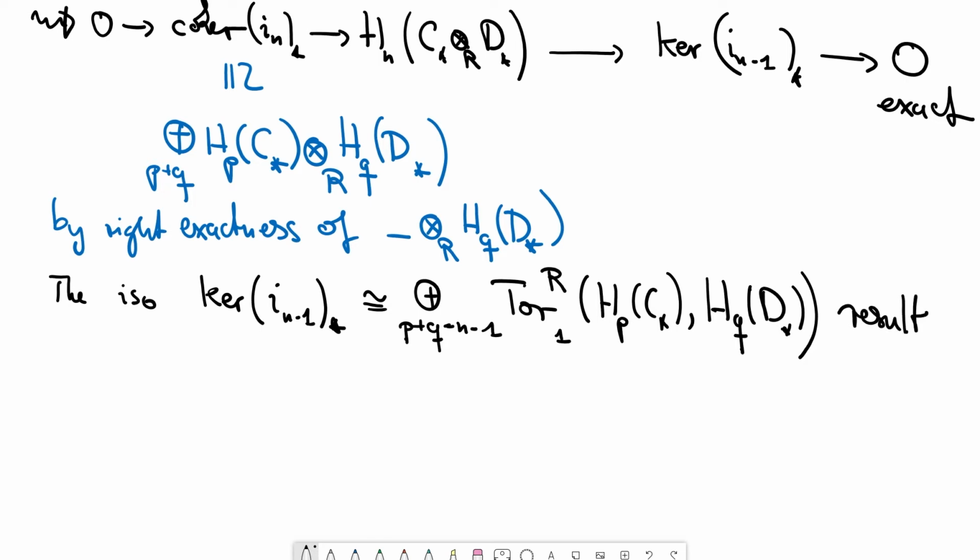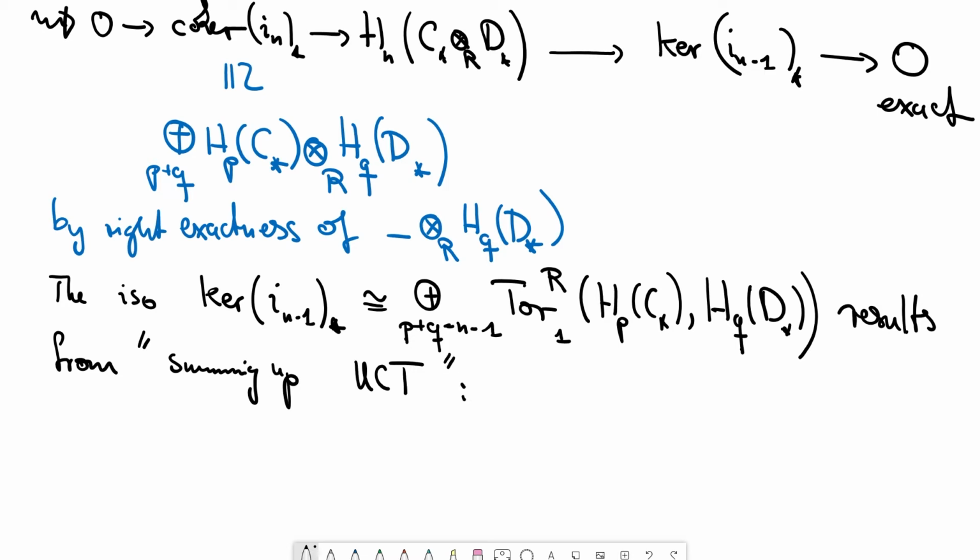It results from summing up what we obtain from the universal coefficient theorem. Let me put that in quotation marks.